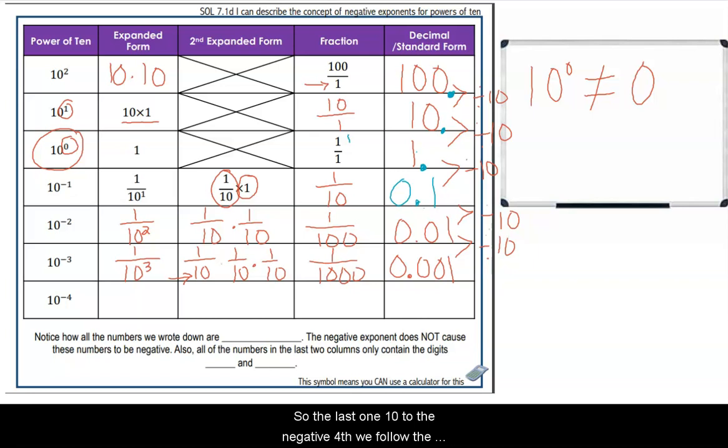So the last one, 10 to the negative fourth, we follow the same pattern in the chart, would be the same thing as 1 divided by 10 to the fourth power, because it's the inverse. So because of that 4, the expanded form, the second type of expanded form, is going to be 1/10 times itself 4 times.